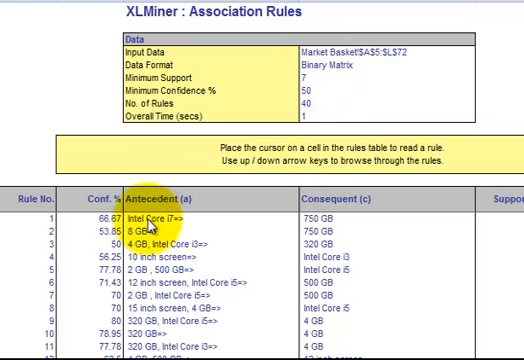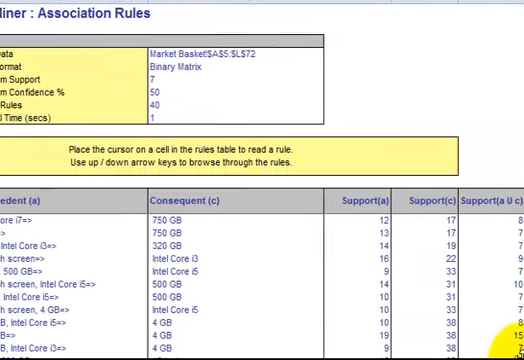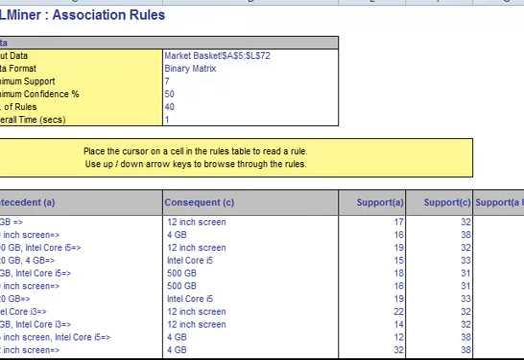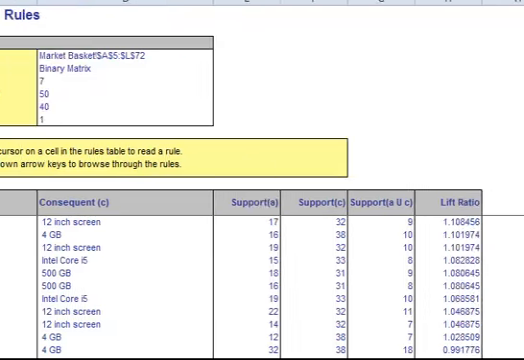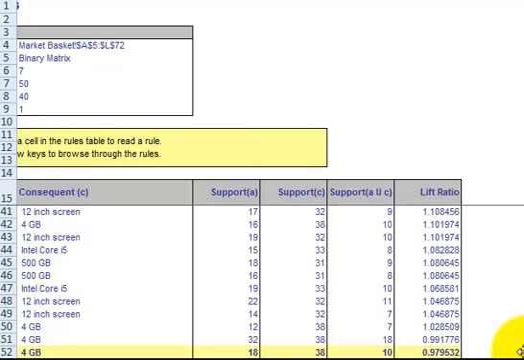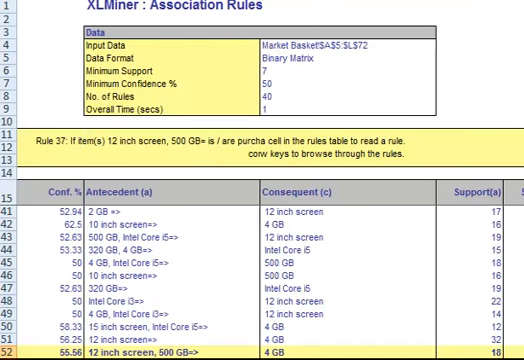If we move our cursor, notice it's automatically sorted the data by the highest lift ratios, which these lift ratios aren't as strong as some of the ones I had seen earlier, but that's okay.